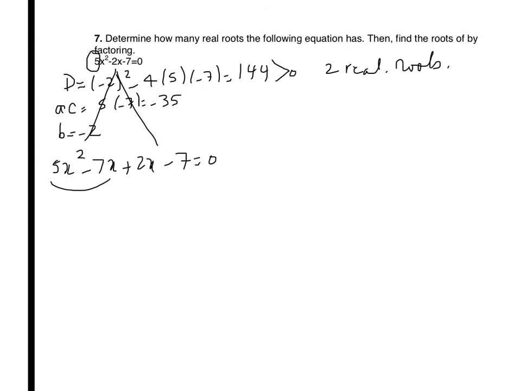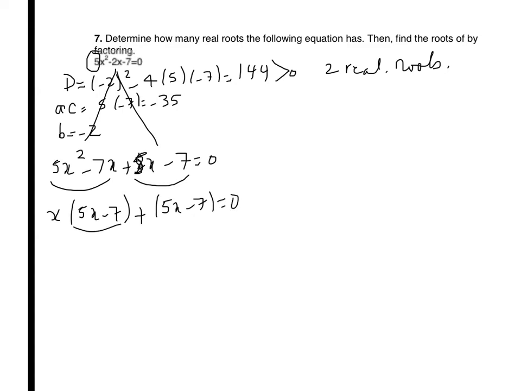I take the first two terms and the last two terms. I can factor out x from the first two terms. I get 5x minus 7. Okay, so the mistake is that this is really 5. So this becomes x times 5x minus 7, and this is 5x minus 7 too.